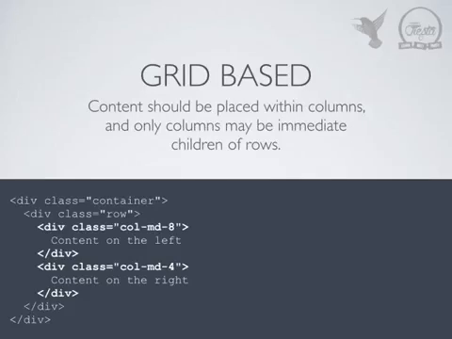So once again, I'm telling that my left side of the website will be taking 8 columns of space, and the right side will take 4. So it's going to be split into roughly 70 to 30, something like that. So yeah, this is how grids work. We will be able to see them a bit more later.